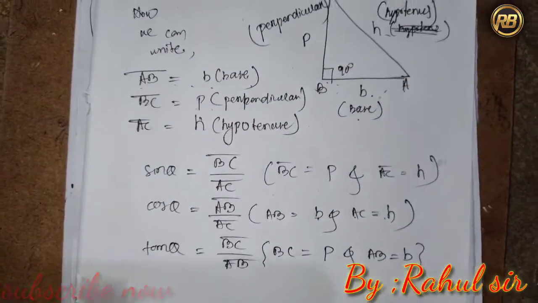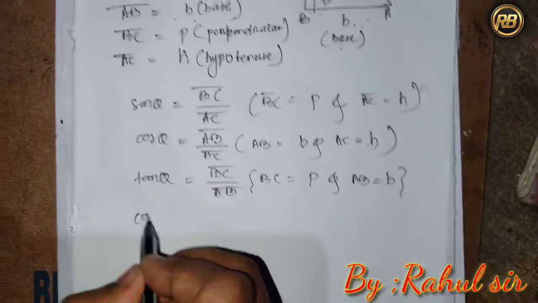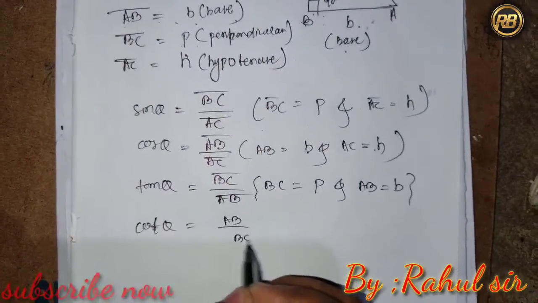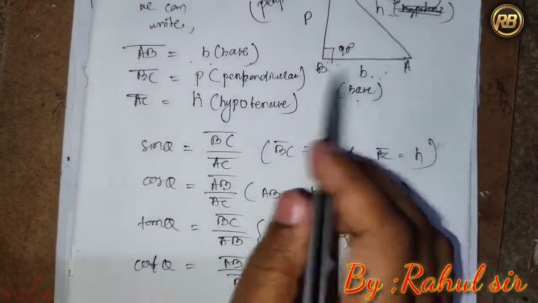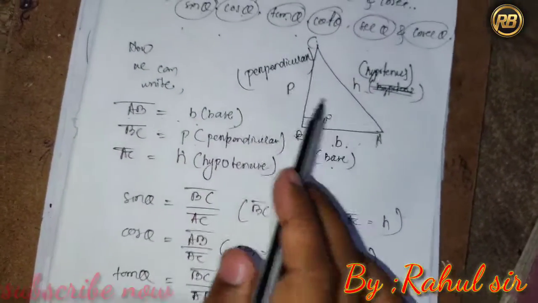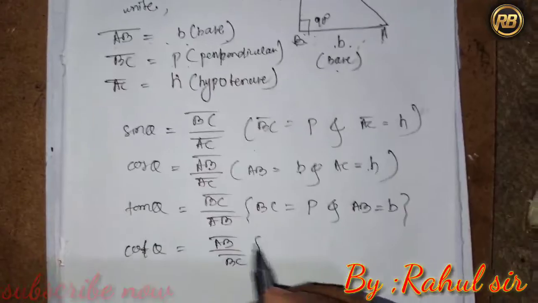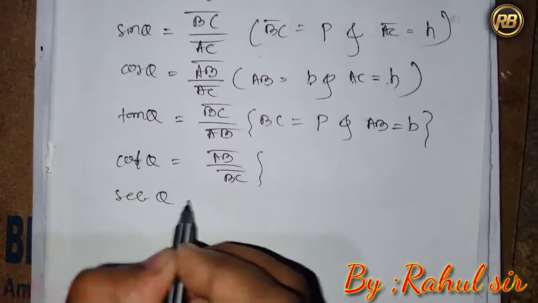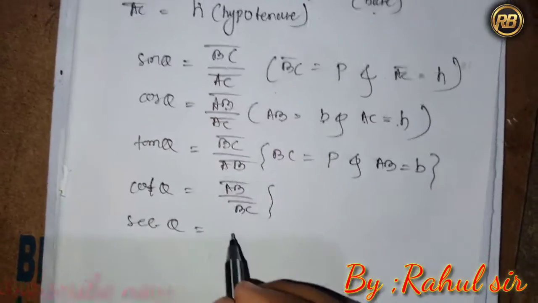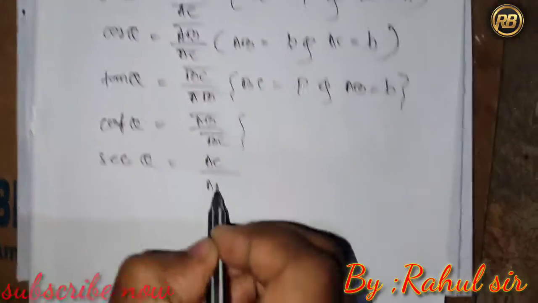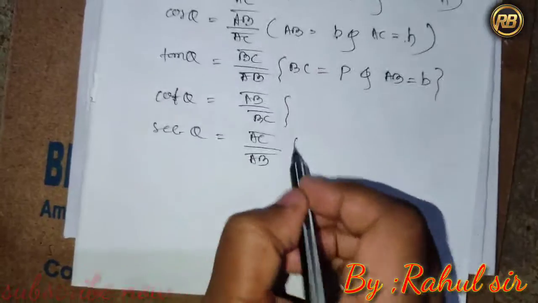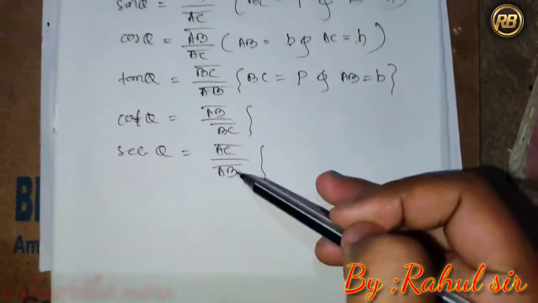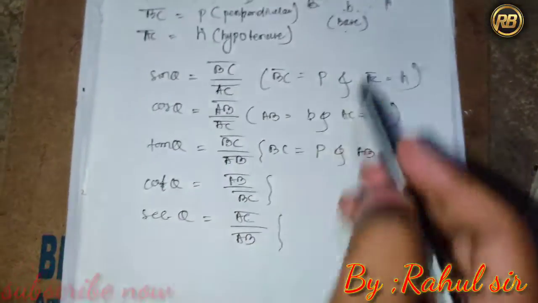Then you can write cot theta is equal to AB by BC, where AB is equal to B and BC is equal to P. Then find sec theta is equal to AC by AB, where AC equals H and AB is equal to B, base.